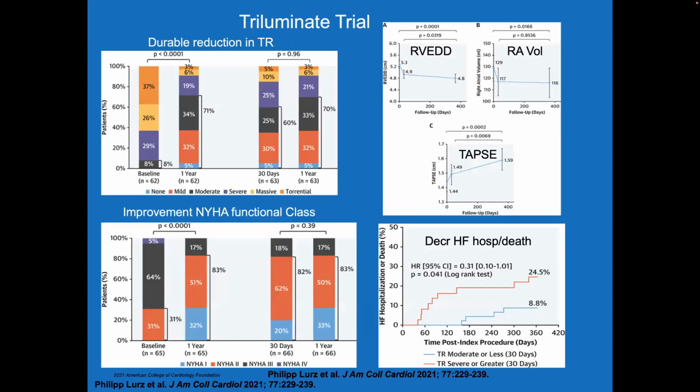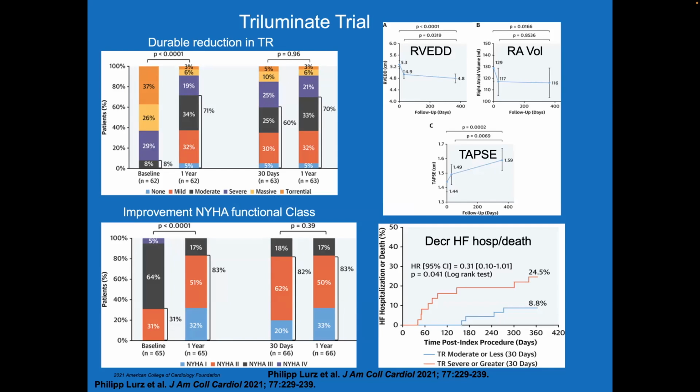So to that point, we have been involved in the Triluminate trial, which is one particular vendor's clip that has year-out data. And as you can see, looking at the data that's presented so far, there's been a tricuspid regurgitation reduction of at least one grade that was achieved in 87% of people out to 1 year.